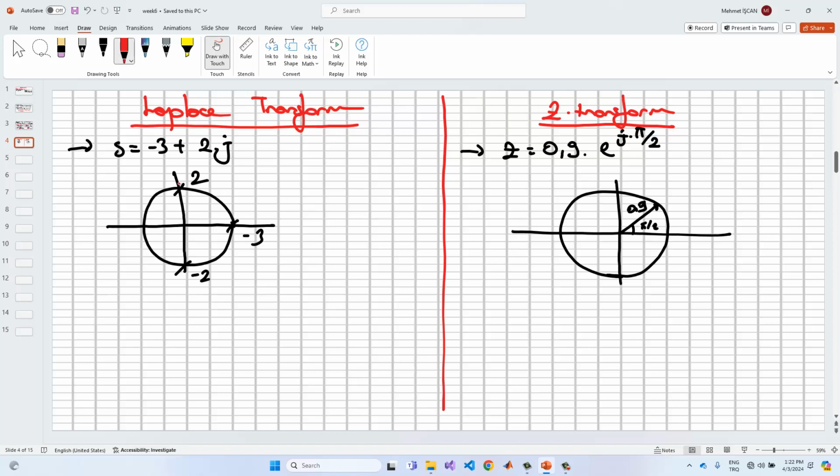And so how can we run or evaluate the progress in time of this signal? For example, if this is the -3, this signal must go to 0, because it's a stable pole, right?